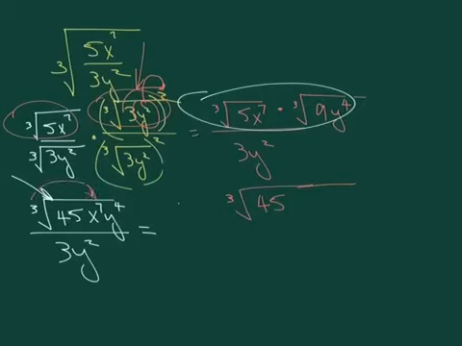3 goes into 7 twice with 1 left over. 3 goes into 4 once with 1 left over. And then we have 3y squared, and notice I have a y here, and I have 2 down here. So I can cancel this y with one of those.